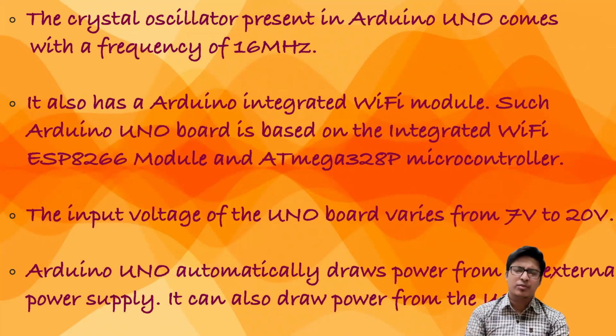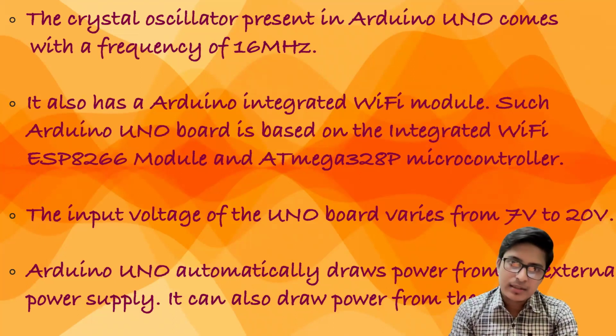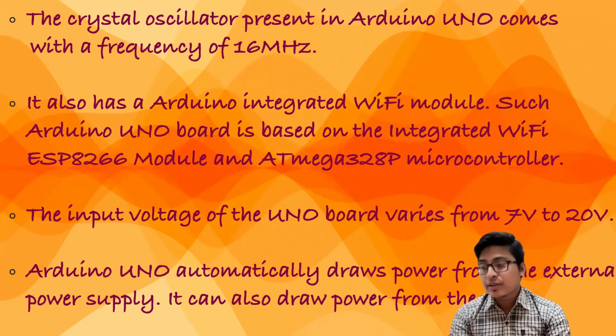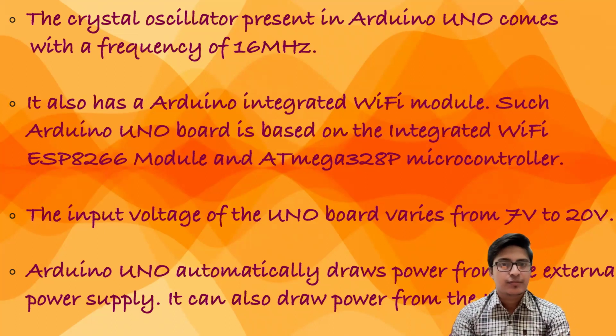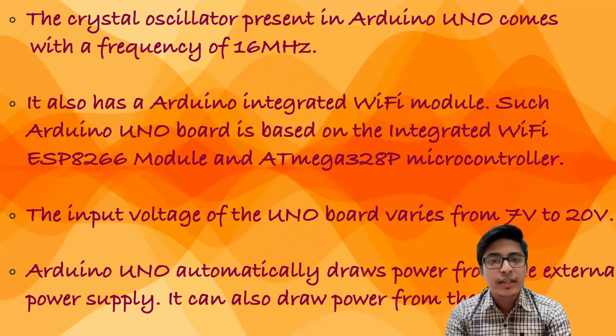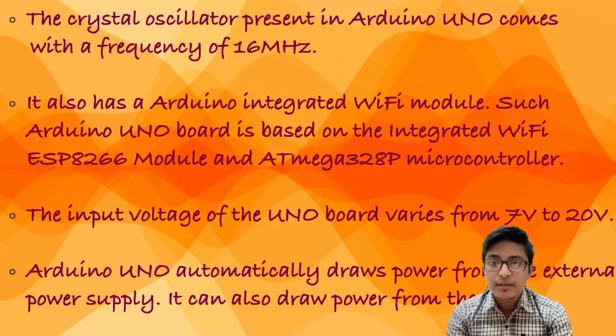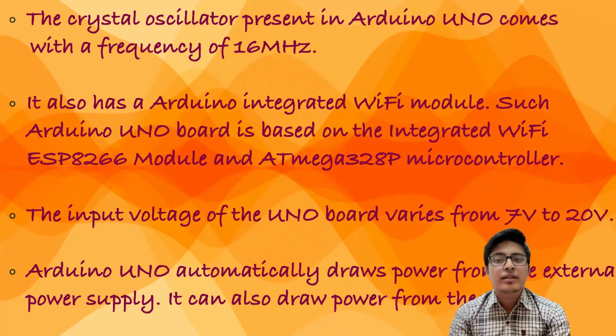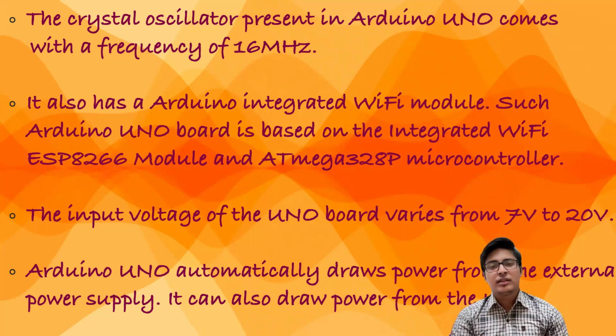Next, a few important points. The crystal oscillator present in Arduino Uno comes with a frequency of 16 megahertz. It also has an integrated Wi-Fi module. Try to understand, such an Arduino Uno board is based on the integrated Wi-Fi ESP8266 module and the ATmega328P microcontroller.